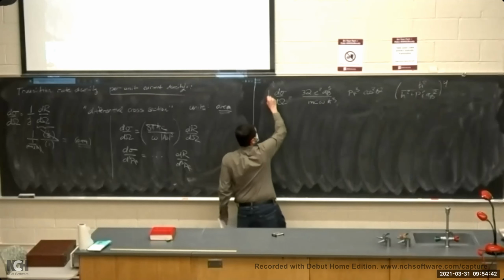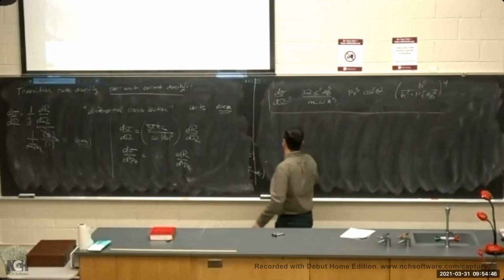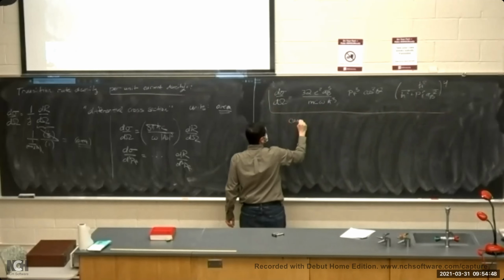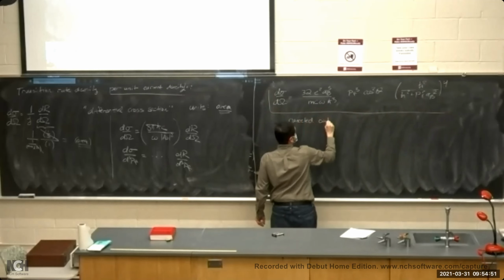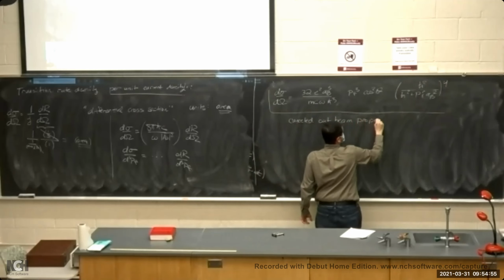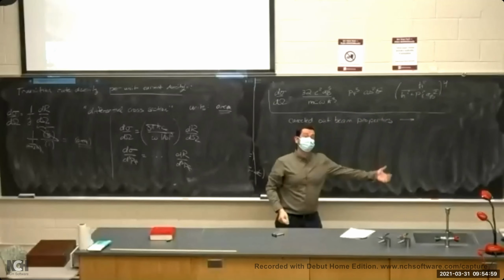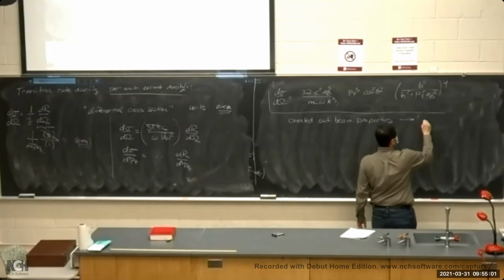All right, so this expression for the cross section we see has canceled out all of the beam properties. So this transition rate per unit current in is a property of the target alone.